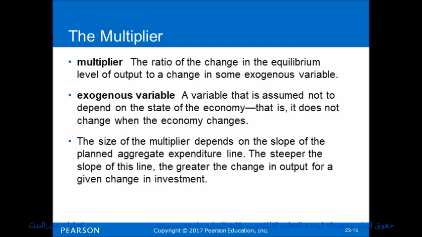The size of the multiplier depends on the slope of the planned aggregate expenditure line, the slope of the AE line. And note that the steeper the slope of this line, as the slope of the aggregate expenditure line increases, the greater the change in output for a given change in investment, which is our exogenous variable in this case.